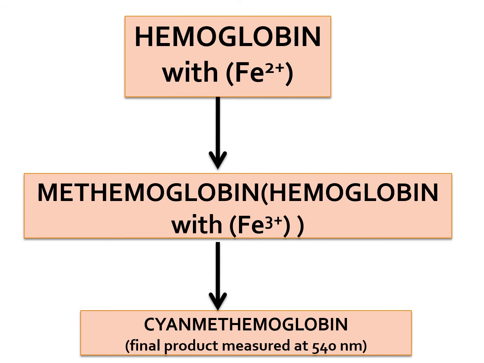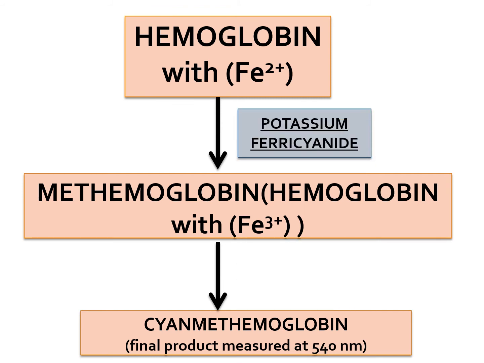So again, this is just a short explanation of the procedure. When your RBCs are already lysed, the free hemoglobin, which has a ferrous form of iron, will be mixed with potassium ferricyanide.